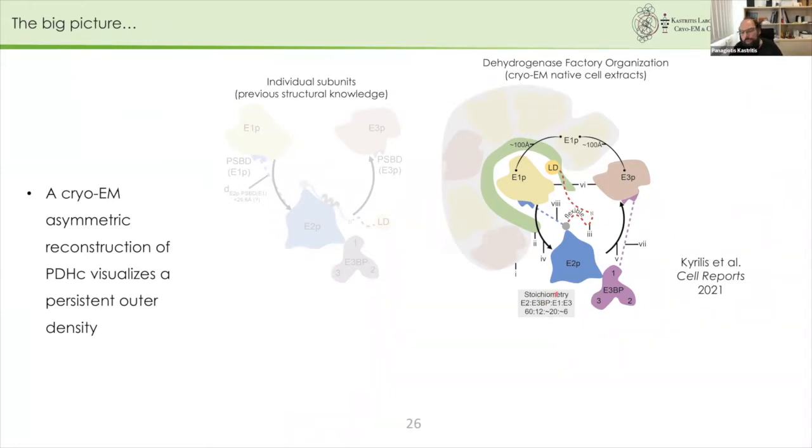And what we think is that these enzymes are in proximity to other E1s and E3s that are forming this nanocompartment.